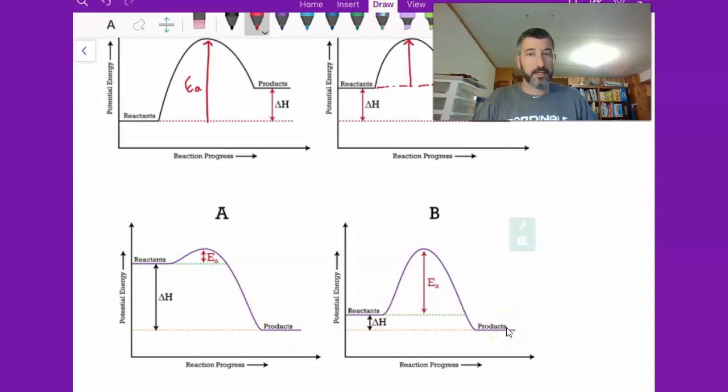But of course, the delta H would be a much larger, or much more negative number, I should say, for the one on the left, for reaction A, because there's a bigger difference in reactants and products. It'd be very small for reaction B, because the reactants are only slightly higher in potential energy or enthalpy than the products are. The activation energy, the energy required to get the reaction going, is much higher for reaction B. You can see that uphill is much, much larger.